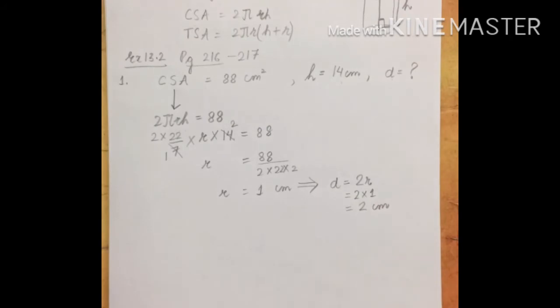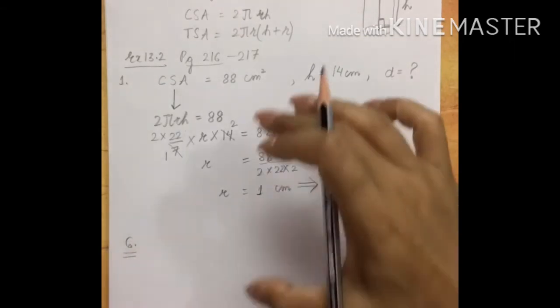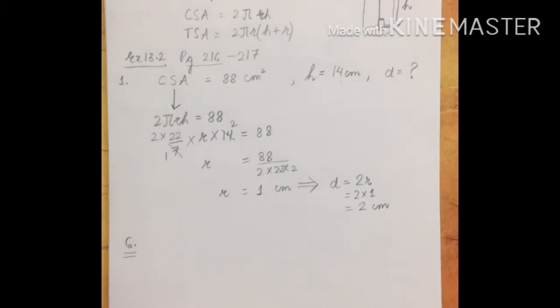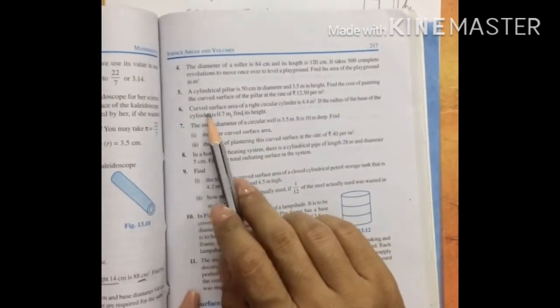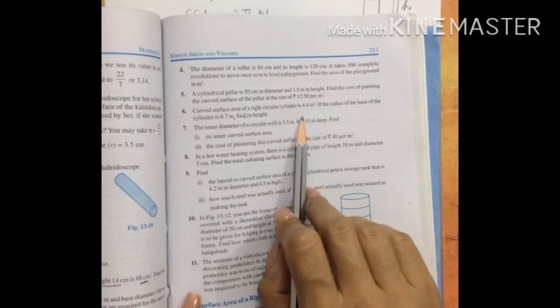After this, I would like you to do question number 6. Question number 6, it's similar to this one. Let's take a look. Question number 6 says, the curved surface area of a right circular cylinder is 4.4 meters square.